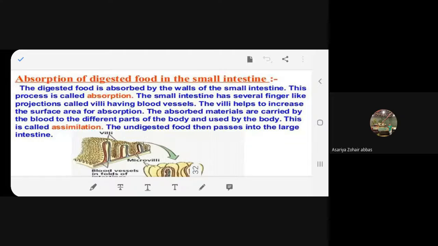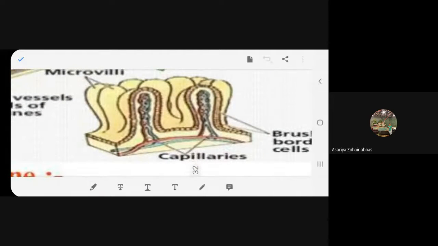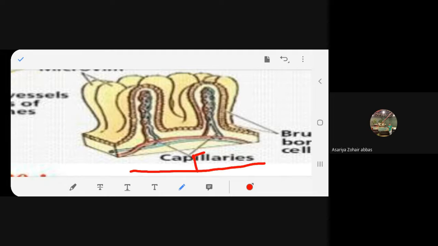Now this is the small intestine. This is the passage. The food is over here, which is being digested. Now this is getting absorbed by the finger-like projections, which are known as villi.